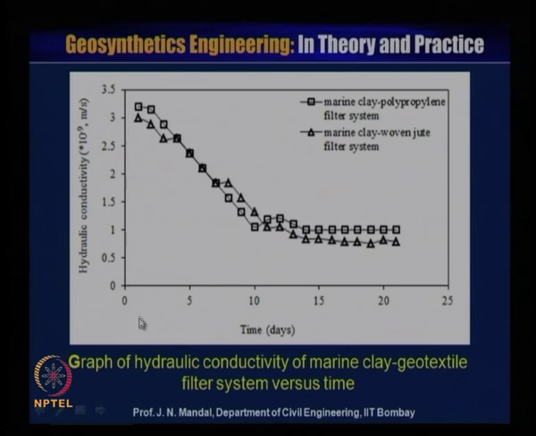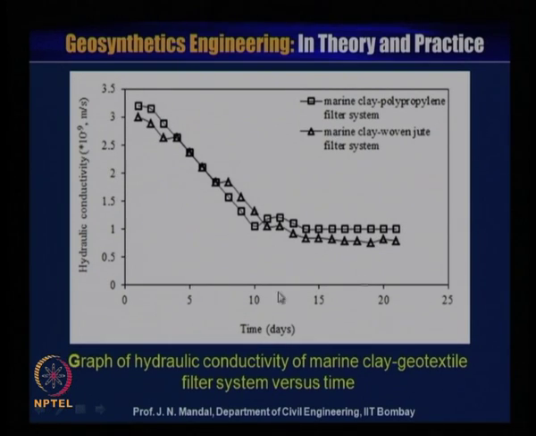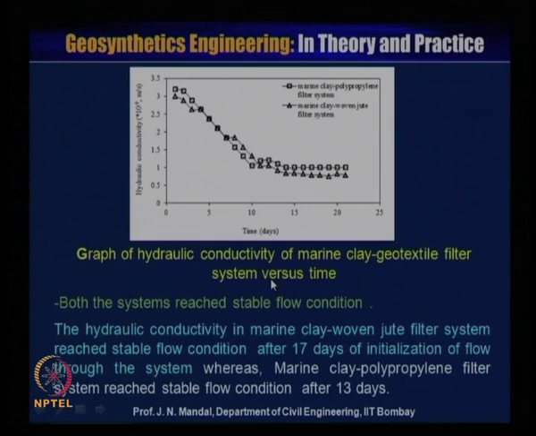This is the graph of hydraulic conductivity, in 10 to the minus 9 meter per second, and this is time, in days. This is for the marine clay geotextile filter system. There are two systems, marine clay polypropylene filter system and marine clay oven jute filter system. You can see the nature of the curve, that is, what is happening to the hydraulic conductivity with respect to time.